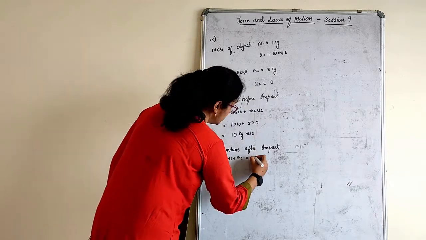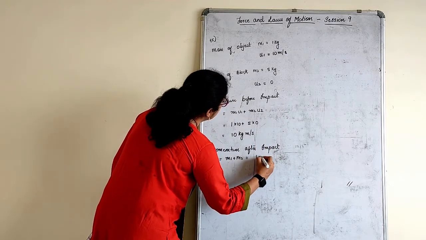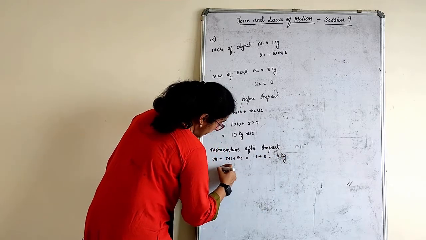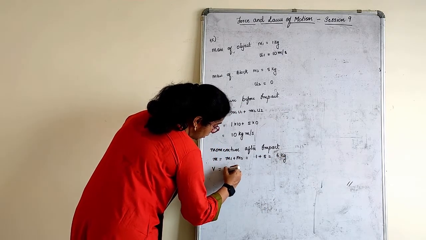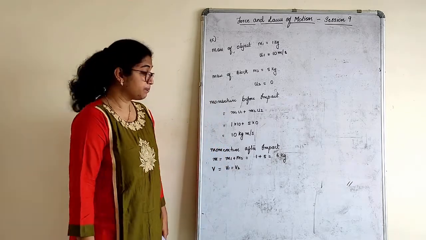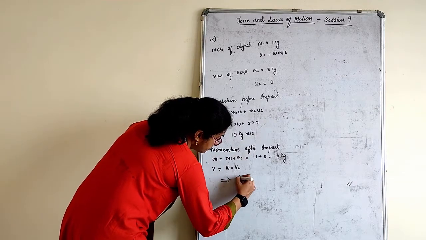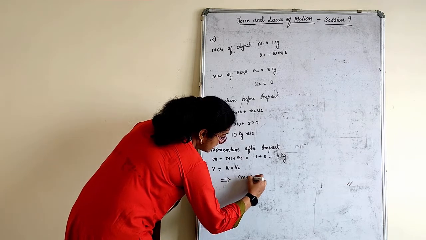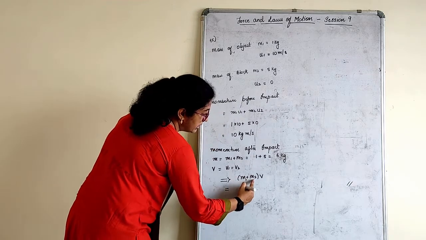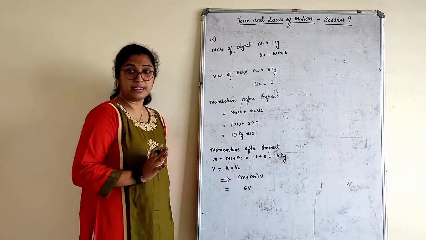So that is 1 plus 5, which is nothing but mass of 6 kg, and velocity v1 is equal to v2, that will be equal to v. So let us find momentum after impact, given by m1 plus m2 of v, which is 6v. Keep this as it is.